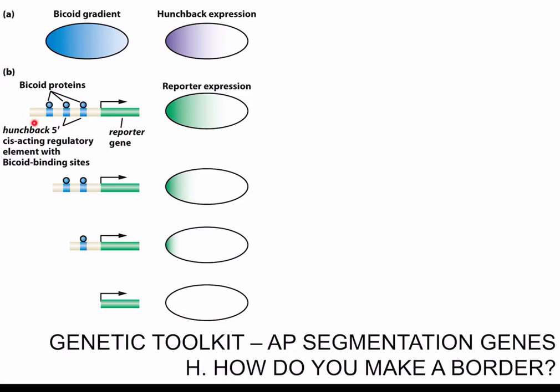And finally, if you have even more binding sites for Bicoid, then the minimum amount of Bicoid required to drive transcription is even smaller, and therefore the expression extends further into the posterior.